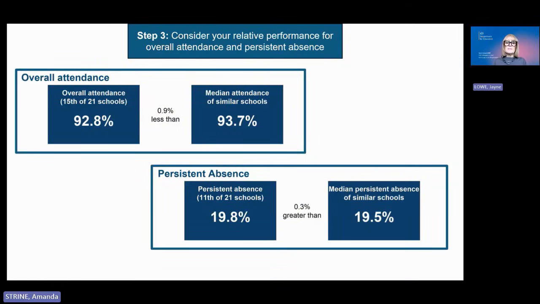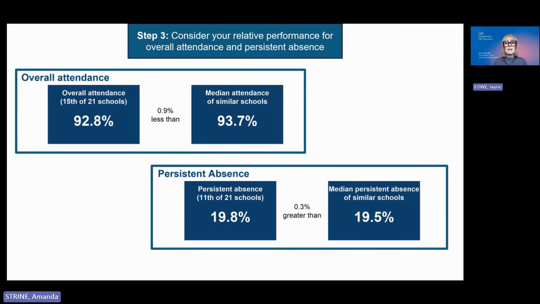After you've considered your ABIE and your ladder of improvement, the third step to take is to look at your school's headline attendance measures from last half term compared with your similar schools. Remember, these comparisons are not against local or national averages, but against the median attendance of your similar schools.